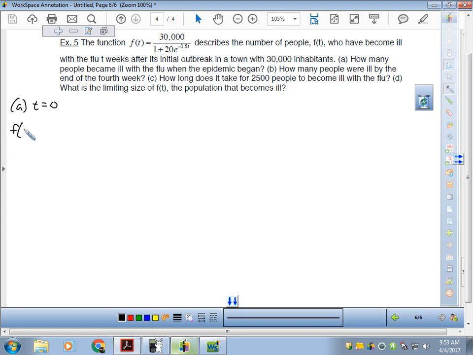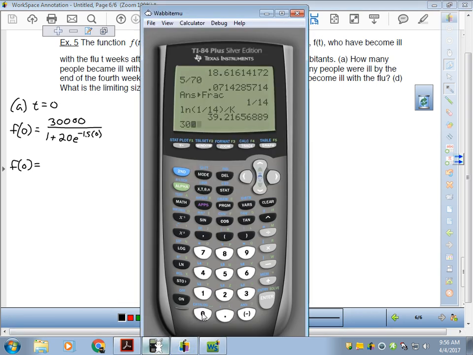So f of 0 equals 30,000 over 1 plus 20 e to the negative 1.5 times 0. And then go to your calculator. 30,000 divided by parentheses 1 plus 20 e raised to the negative 1.5 times 0.